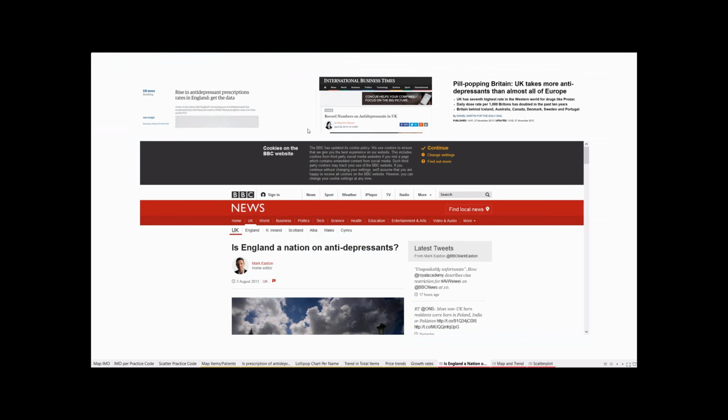Out of these half a billion rows, I decided to focus on just one specific drug, and in particular antidepressants. I chose antidepressants because I realized that it's a hot topic in the UK, because the prescription of antidepressants is increasing after the economic crisis.